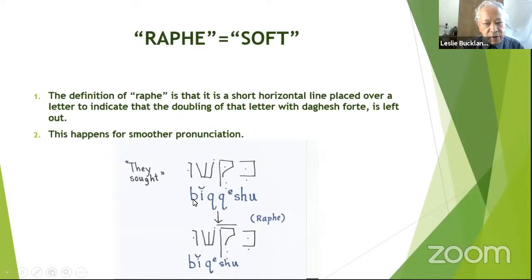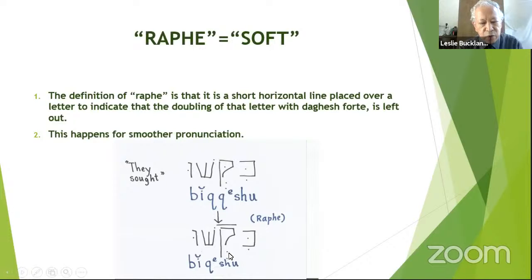And so instead of having bikkeshu, there is only one Q. Notice only one Q. Up here, there were two Qs because of the dagesh forte. But the rafe, the horizontal line that is drawn over the kof, indicates that the dagesh forte has been removed. So we now have one Q instead of two Qs.